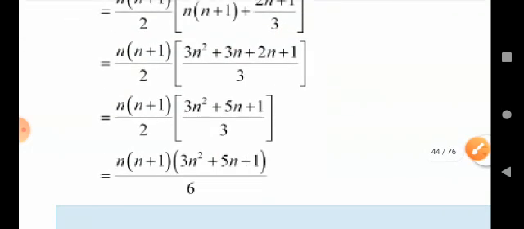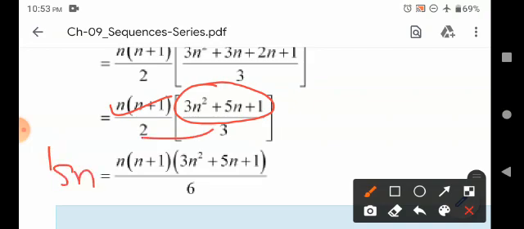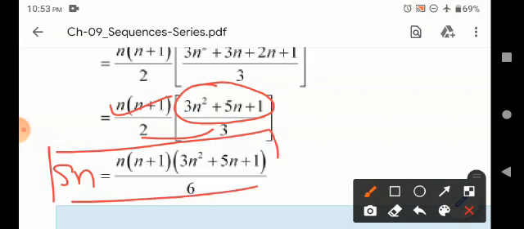Therefore, here we have now n into n plus 1 divided by 2, 3n square plus 5n plus 1 divided by 3. This is a non-factorizable expression. Therefore, we can write n into n plus 1, 3n square plus 5n plus 1 divided by 2 threes are 6. Therefore, the sum to n terms of this special series is given by the formula n into n plus 1 into 3n square plus 5n plus 1 divided by 6.